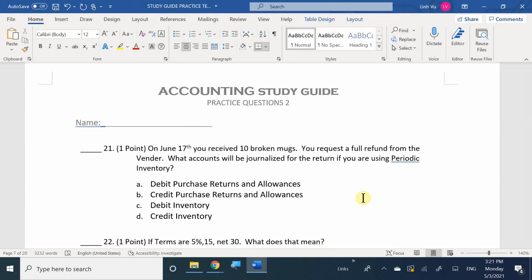In order for us to reflect that we're reducing our purchase expense, we need to create a contra account called purchase returns and allowances, okay? So remember the difference between that and perpetual inventory, right? When we recognize our inventory as perpetual inventory, where are we placing all of our items?